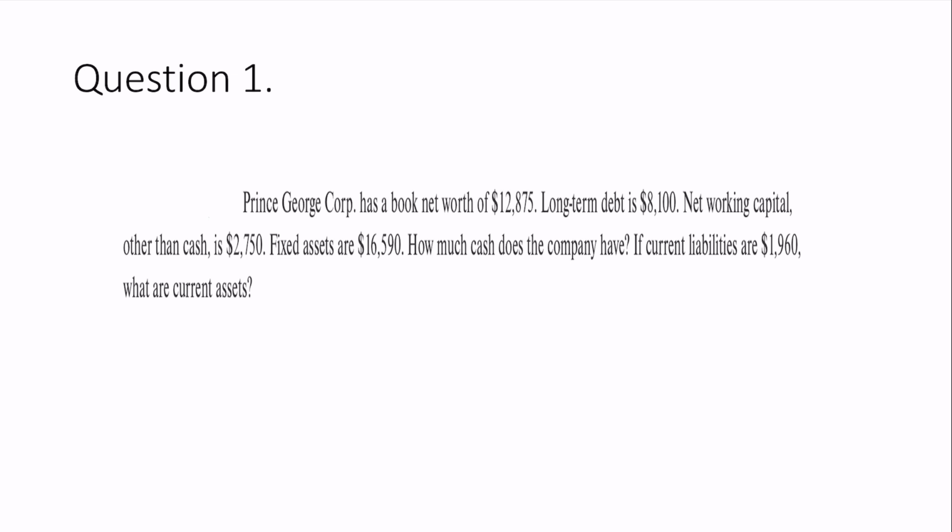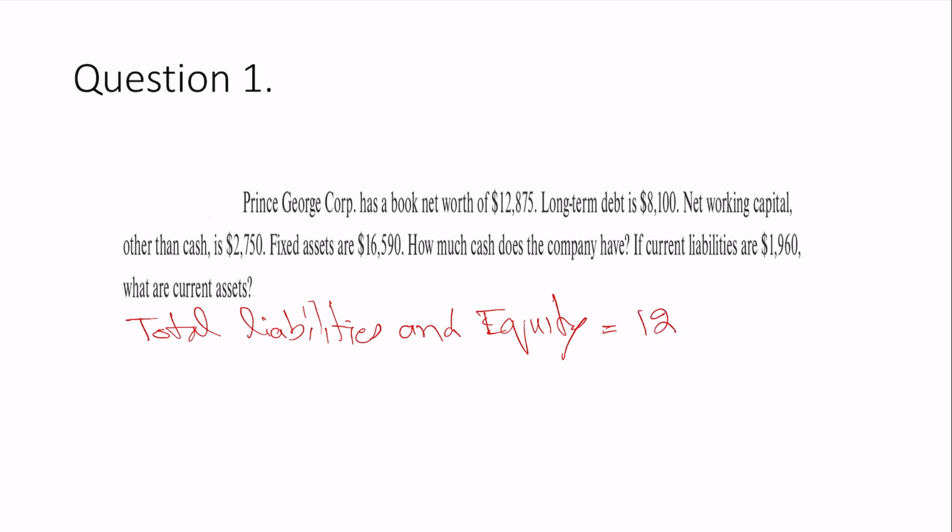So we can know that the total liabilities and equity, on the other side of the balance sheet, we can write it as total liabilities and equity is 12,875 plus 1,960 plus 8,100.